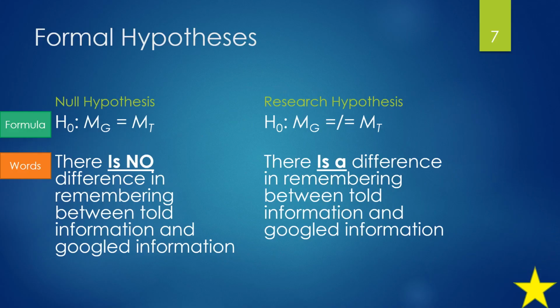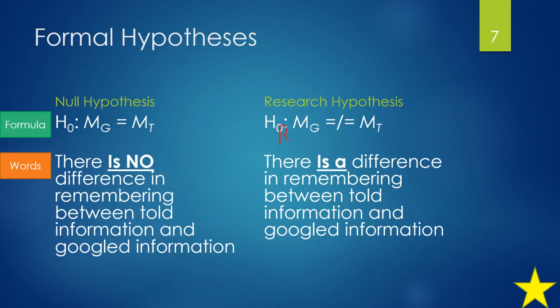And actually, I'm seeing a little typo there. We should have H, not 0. We should have something like HA, or HR would actually be a little bit better since we called it the research hypothesis. So we'll just change that here to HR, and I'll fix that up for you when I upload the PowerPoint. There we go.